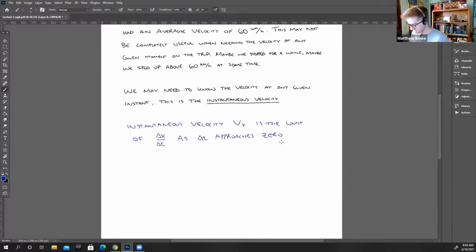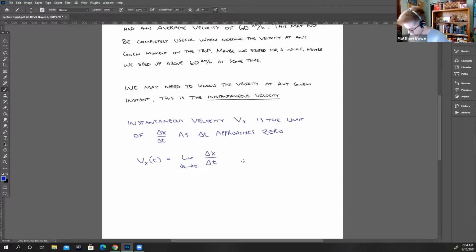So what does this mean? Well, let me write it out a bit more formally. So v sub x as a function of time is equal to the limit, as delta t approaches 0. So this is what this statement above is referring to.